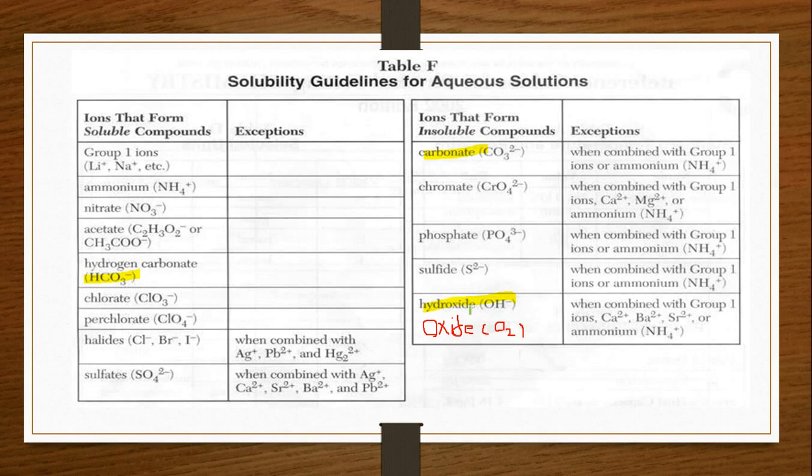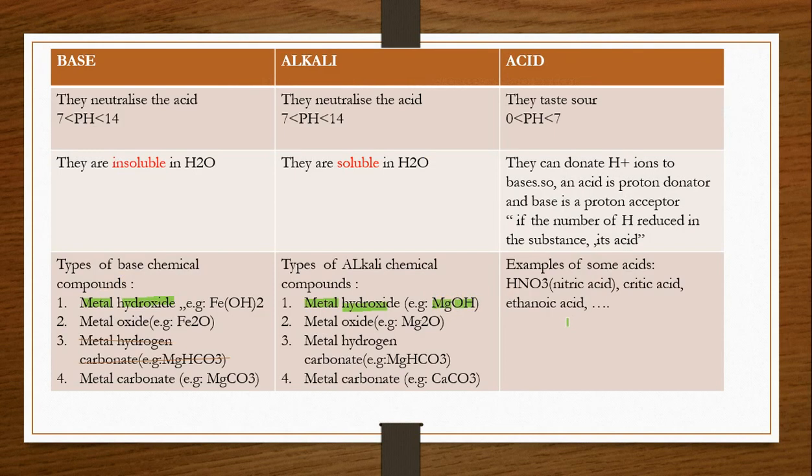The hydroxide is insoluble, but it can be soluble if it combines with group 1 ions. In our example, magnesium is in group 1. Therefore, magnesium hydroxide is a soluble compound, so it is alkali. As simple as that. You do this comparison for each of these as well to check if each of these metals is soluble or not soluble.